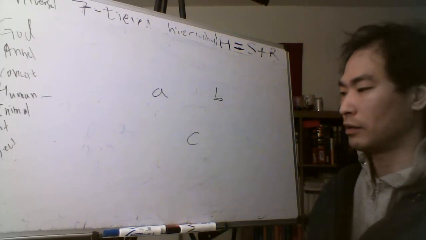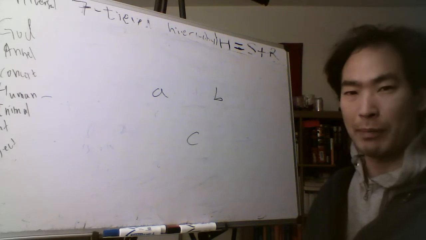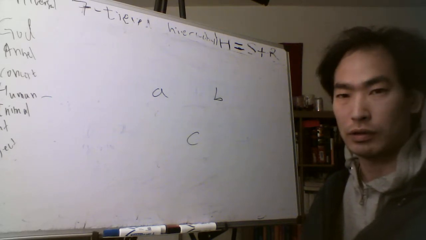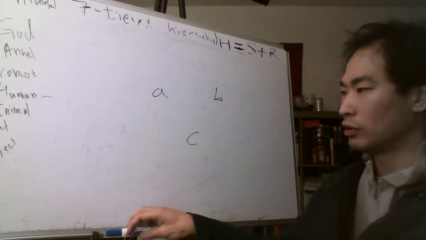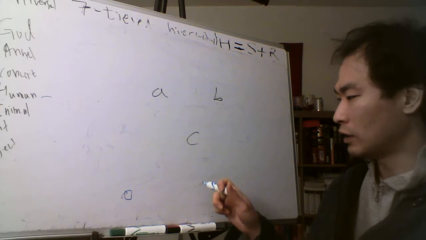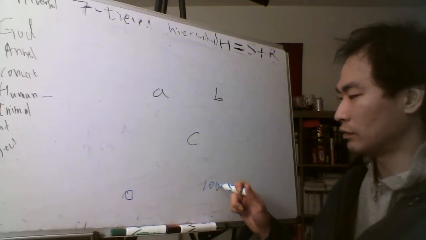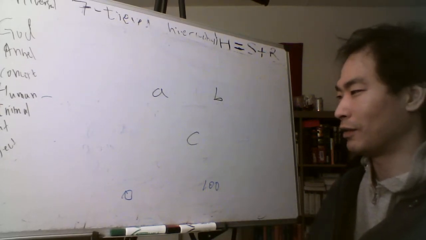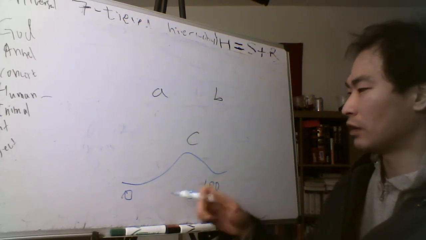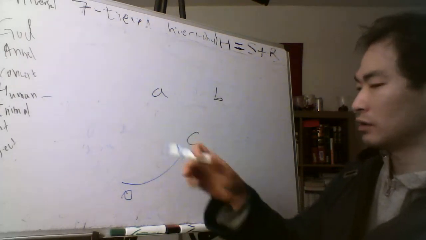The baby population, let's say under 2 years old, from 0 to 2. Is it an even distribution? Let's say everybody dies at 100, whatever, right? Does it look like a bell curve, or is it an even distribution?